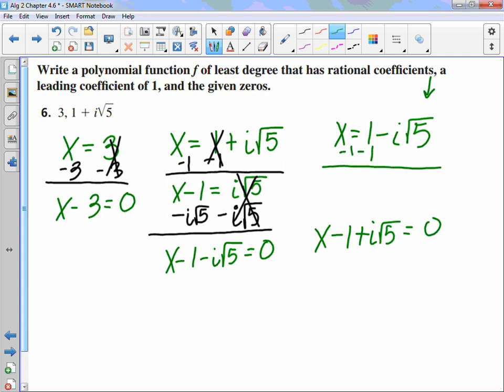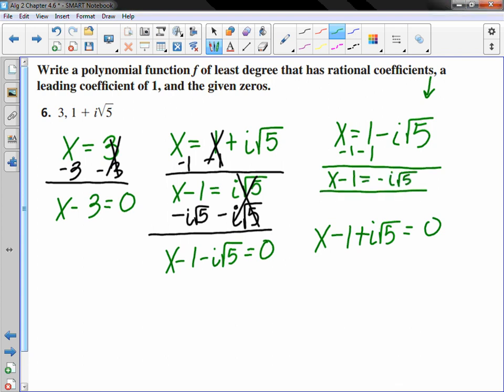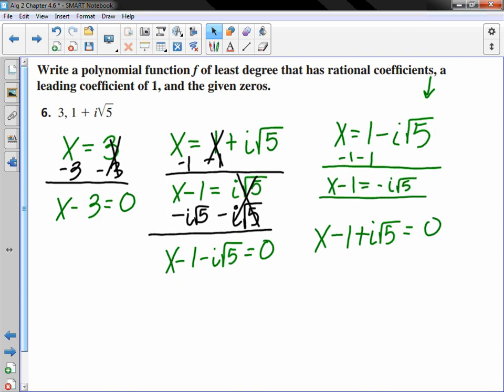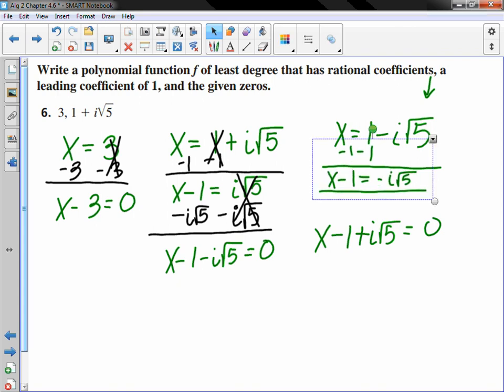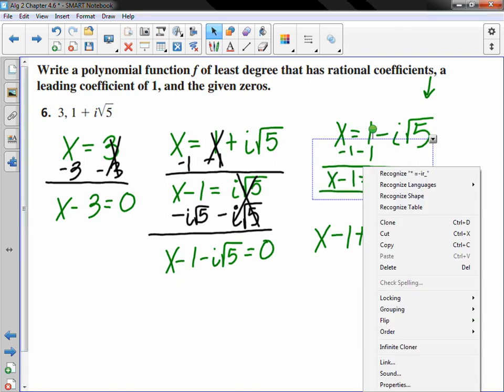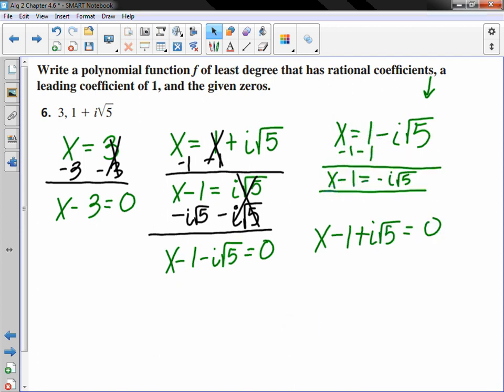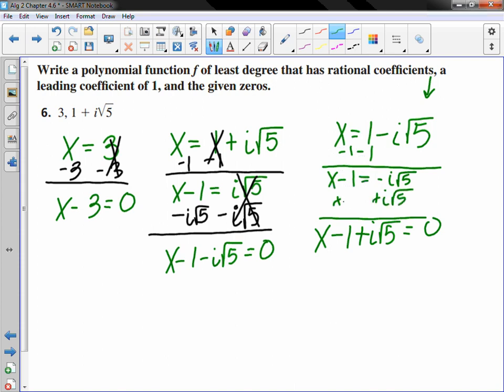Or if we did this by hand, we would subtract 1, plus i square root of 5 on both sides. These cancel, those cancel. We get this here.